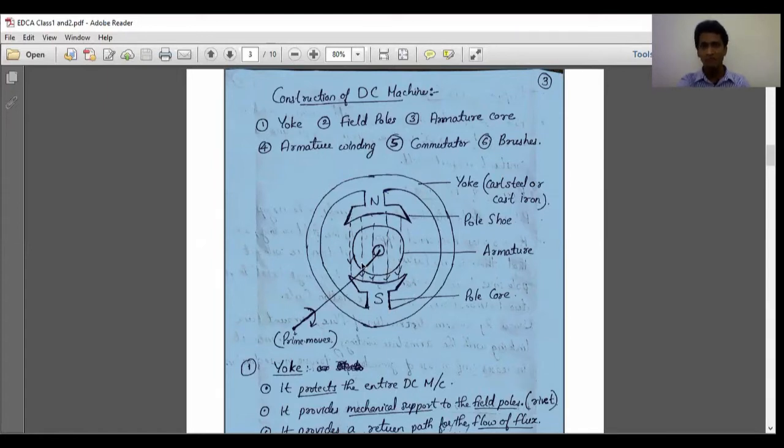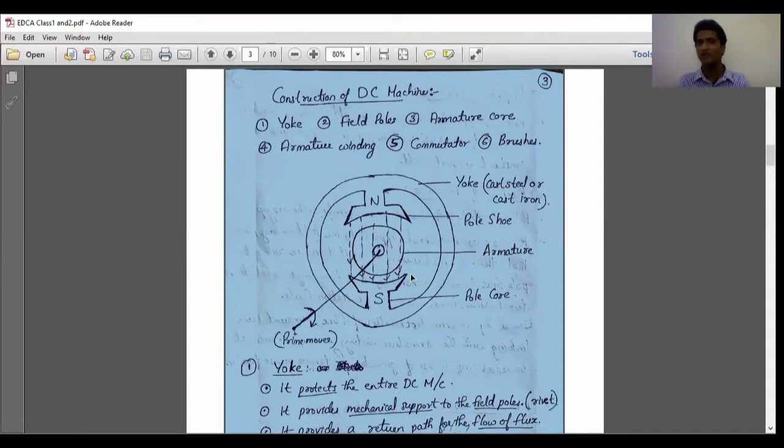So an EMF will be induced in the armature winding, which is an AC value. That's a very important point. The induced EMF is always an alternating quantity. So here AC is induced, but this is a DC machine, and I want a DC output across the output terminals of the armature.